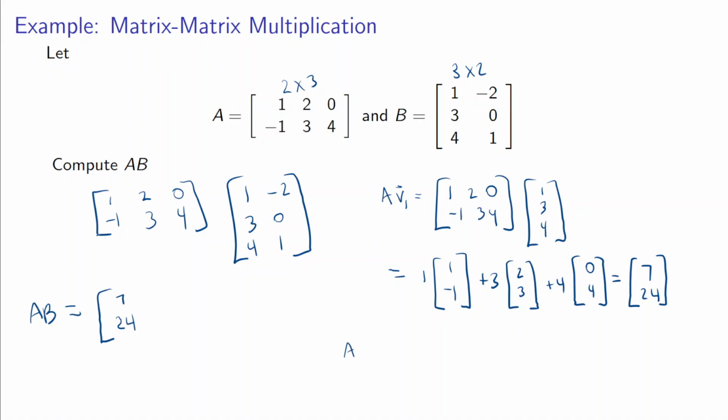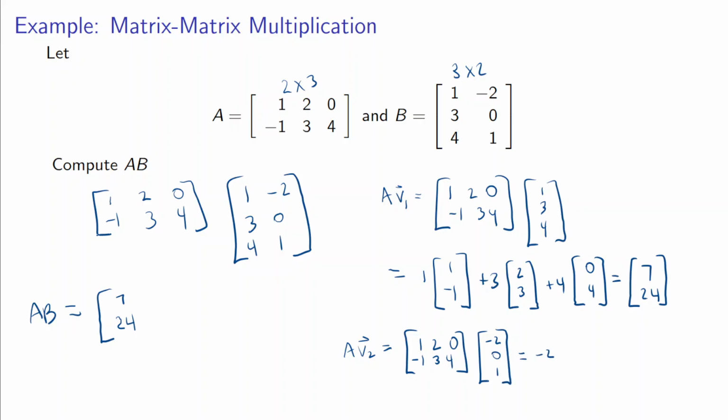And then we can do AV2 in a similar way. So let's write out A again, 1, 2, 0, negative 1, 3, 4. And then V2 in this case is negative 2, 0, 1.